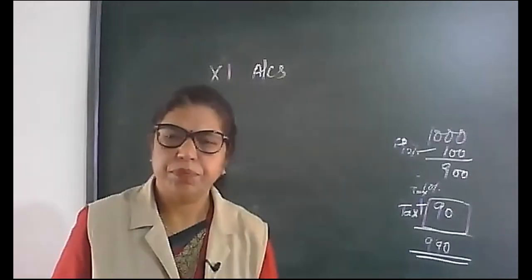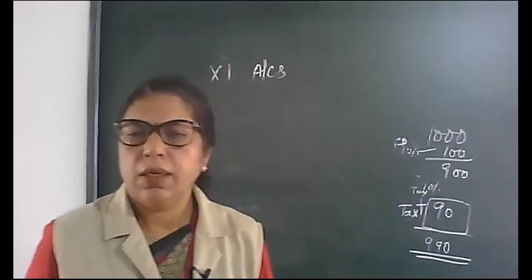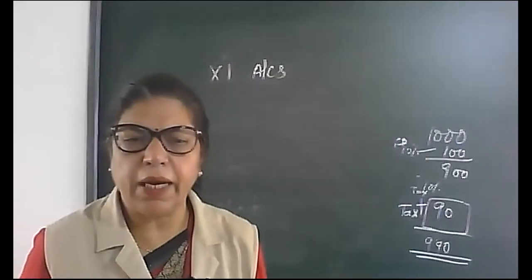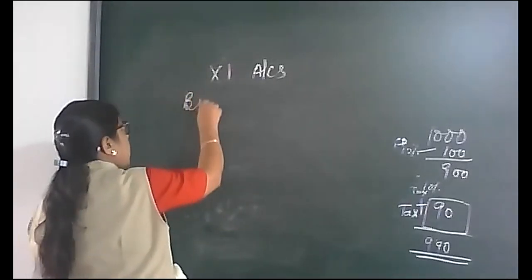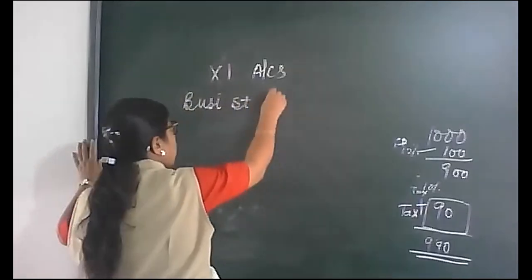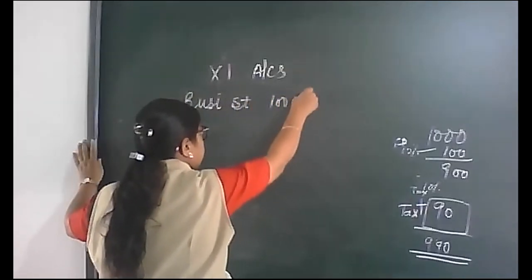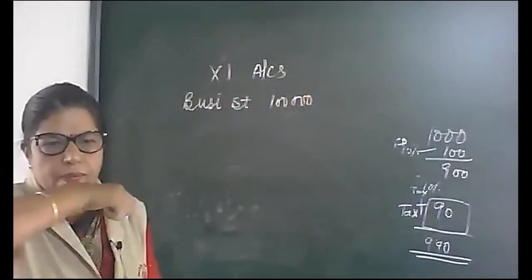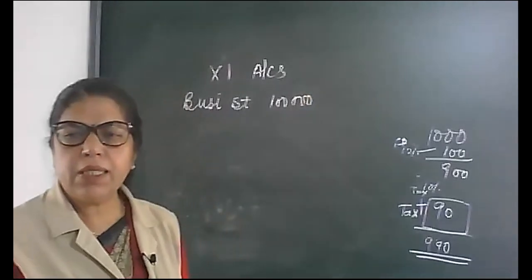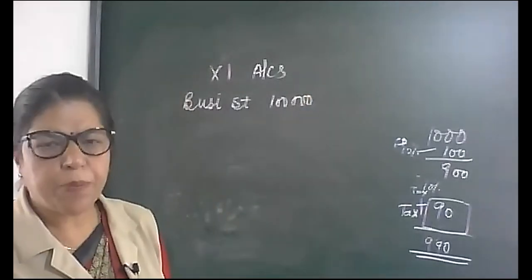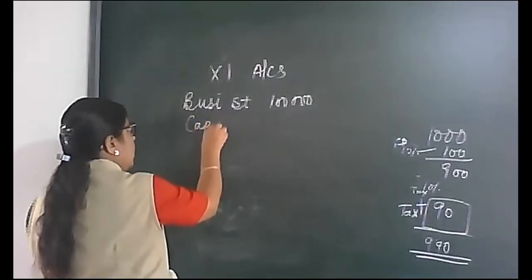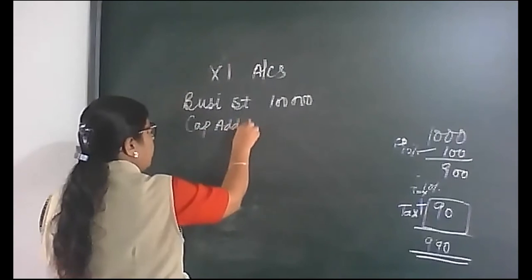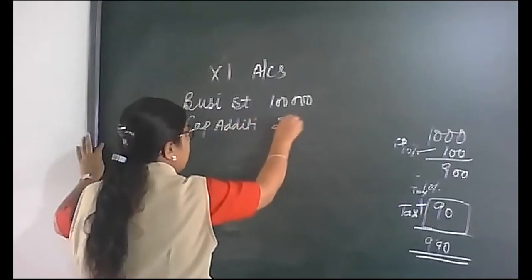Next question. A business started by 1 lakh rupees. Capital added during the year, additional capital 20,000.